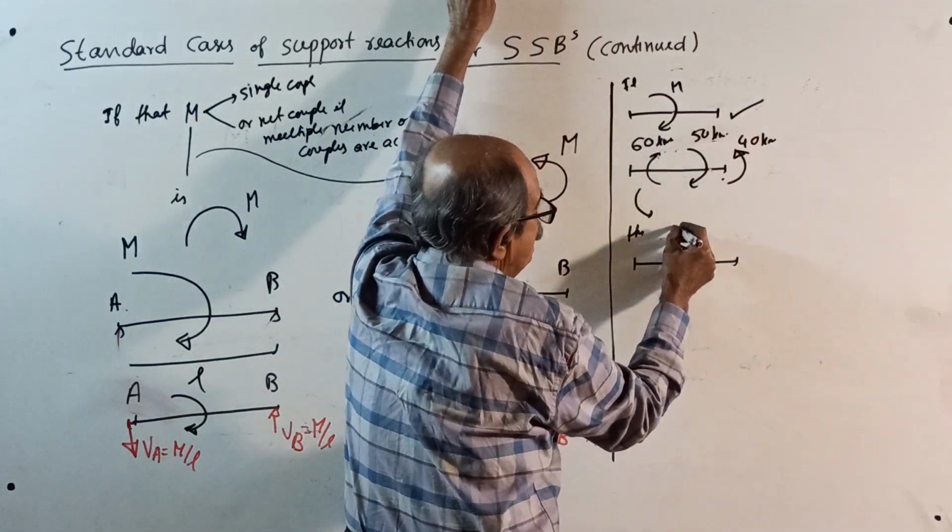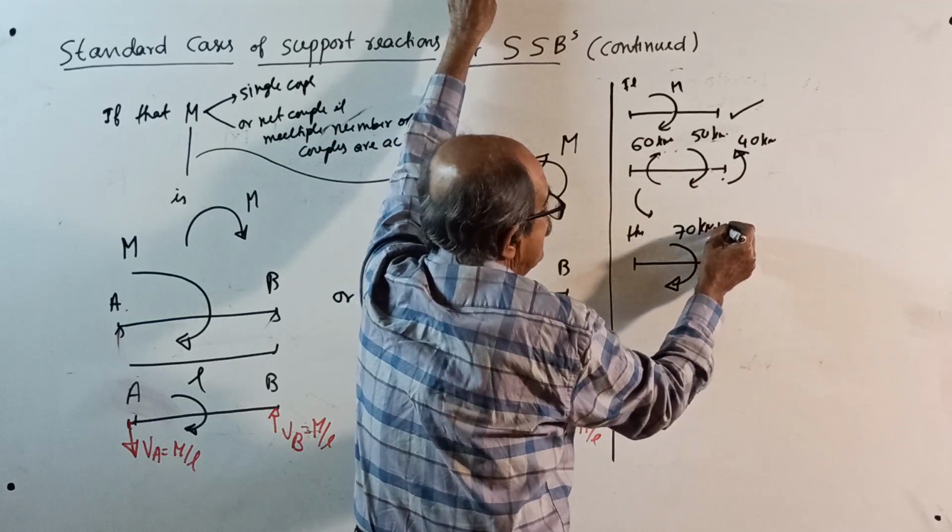It will become clockwise of 70 kilonewton meter. This is your M.